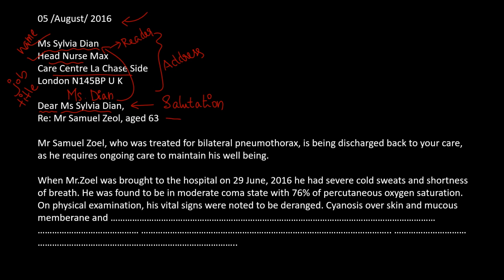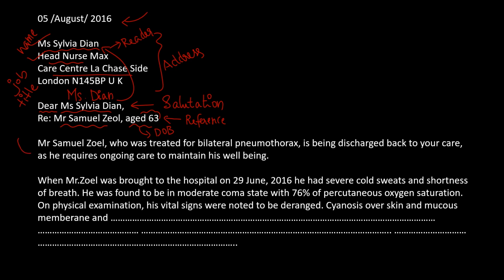Below the salutation, this is the reference line. Okay. So in the reference line, we mention the patient's name plus the age. It's always advisable to mention the date of birth, but if the date of birth is not given in the case note, but the age is mentioned as a number, we can add that in the reference line.